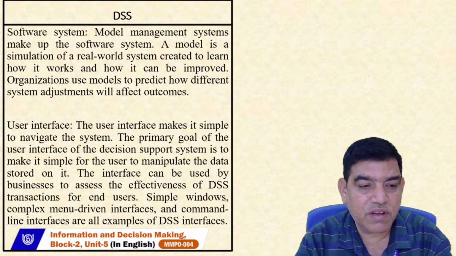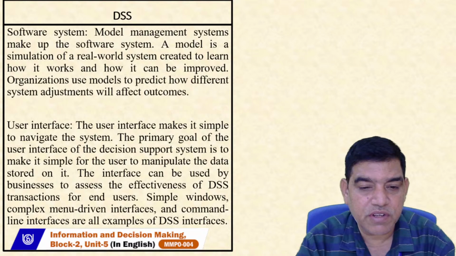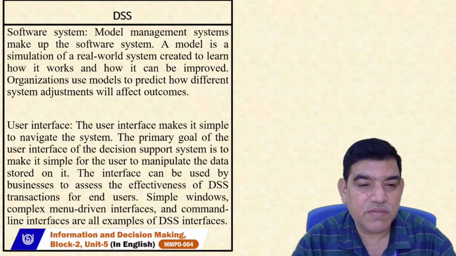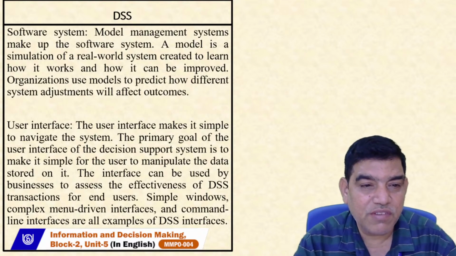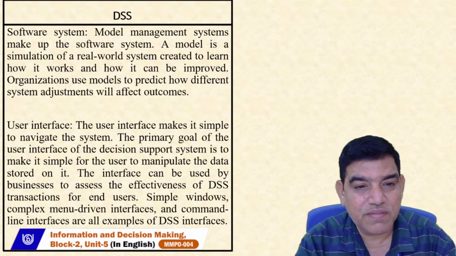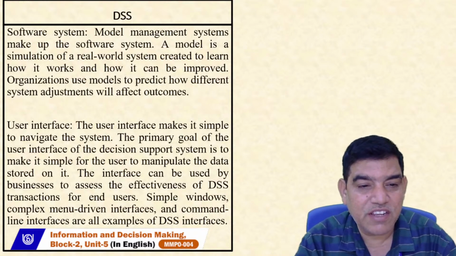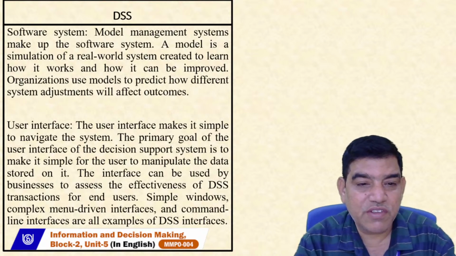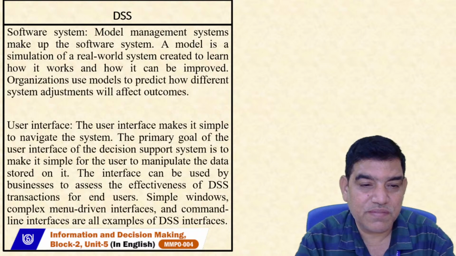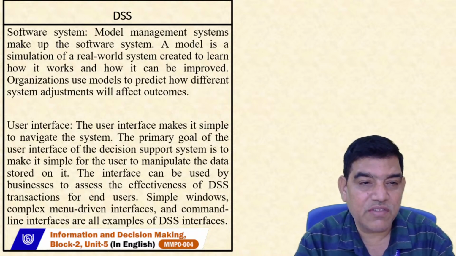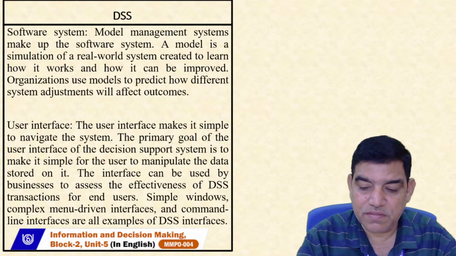Simple windows, complex menu-driven interfaces, and command line interfaces are all examples of DSS interface. User interface means how a user can interact with a system. And it must be designed in such a way that a user can easily interact with the system to generate the reports, to generate the patterns. So that is known as the user interface.